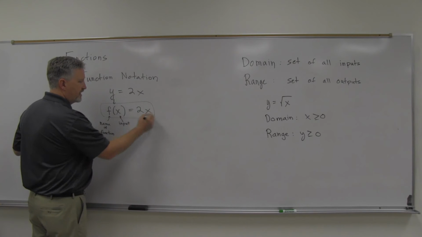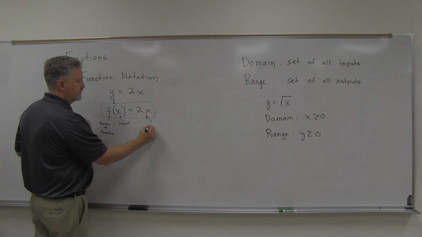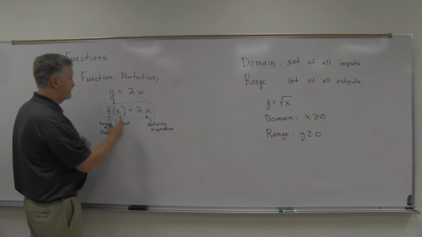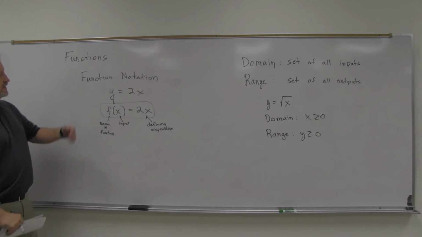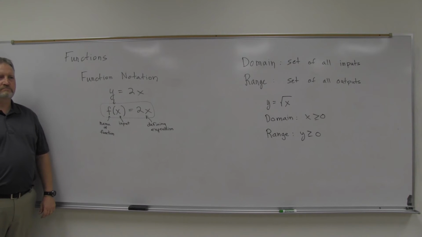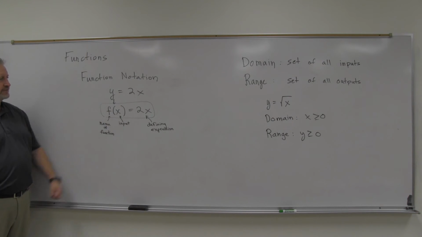So this right here defines the function. So in this particular case, our function f of x is 2x. Okay? And of course that will vary depending on the type of function we have. All right.